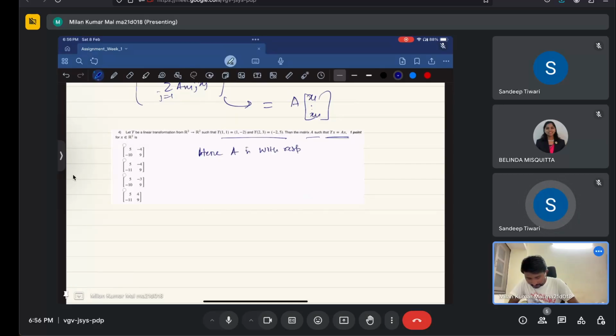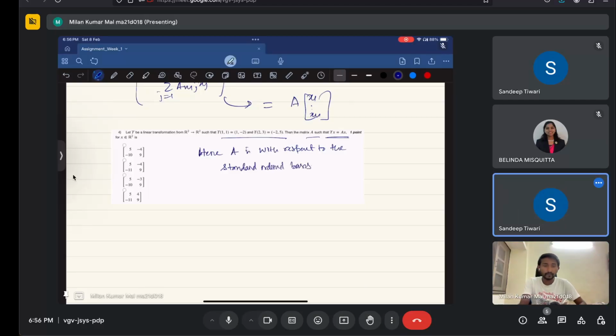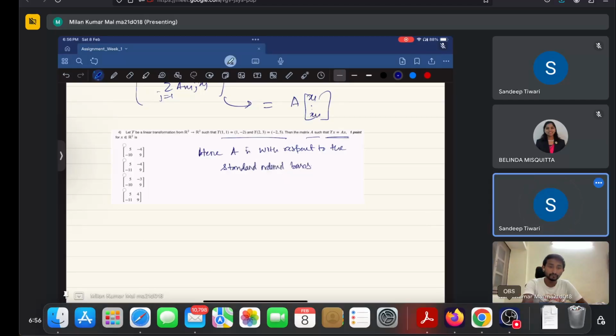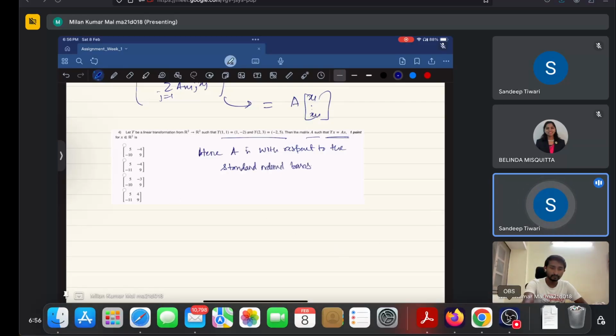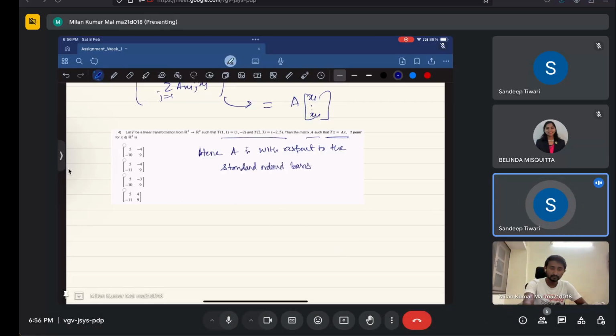Here A is with respect to the standard ordered basis. When we are not considering an ordered basis, then the matrix representation of T will be some A, but then we cannot get Tx equal to Ax.